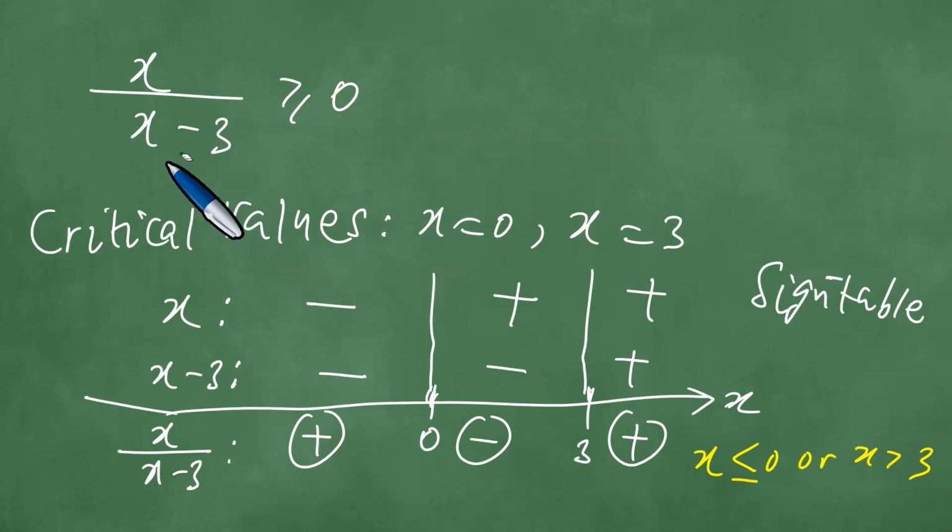Okay, x cannot be equal to 3 because if ever x equals 3, then we have 3 minus 3 in the denominator and it's division by 0. So we must restrict x to be strictly greater than 3, or x is less than or equal to 0. Okay, x is less than or equal to 0 or x is bigger than 3 strictly.